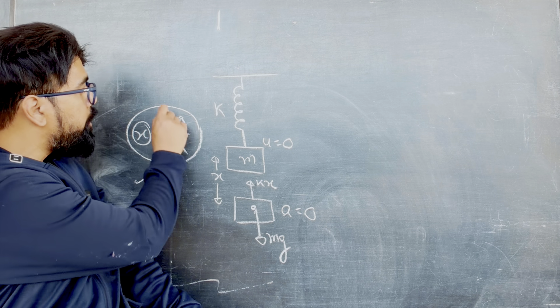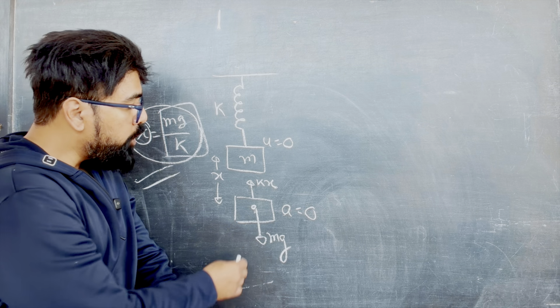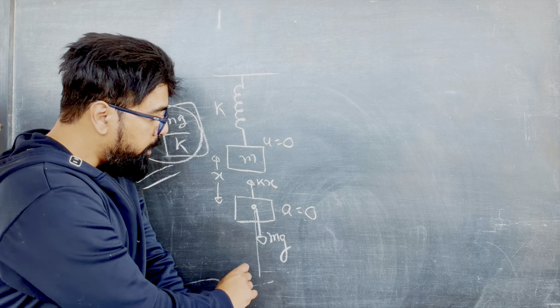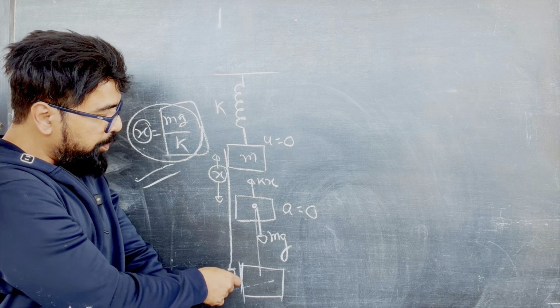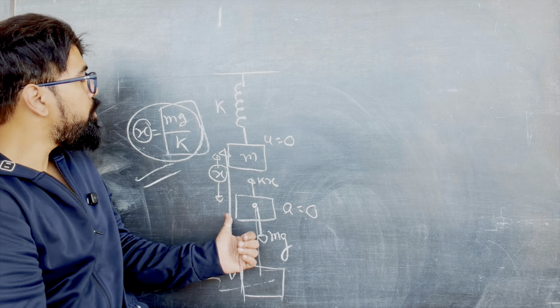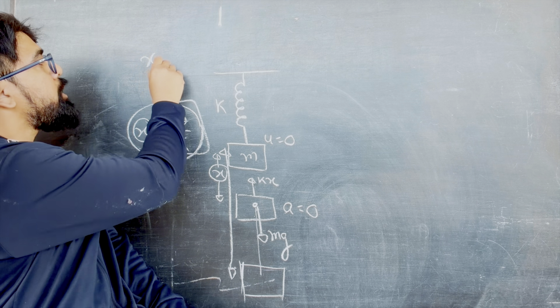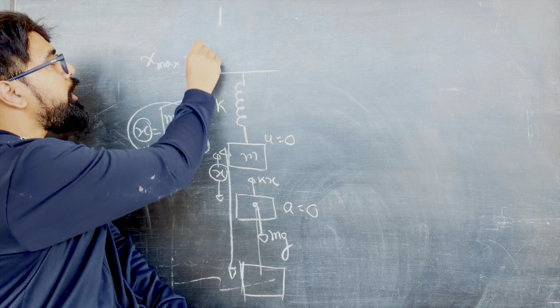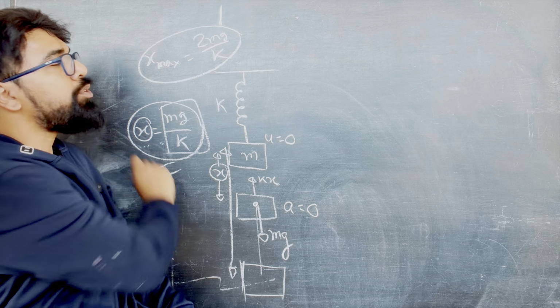So this x is the amplitude. But you know that in SHM the block will go further down from the mean position by the same amount x. That means the maximum elongation of the spring is twice this value. So x max is 2 mg by k. This is the maximum elongation of the spring.